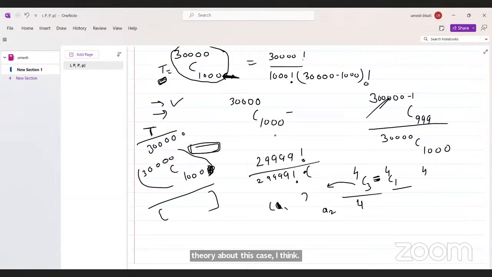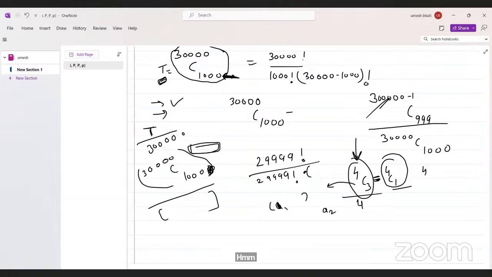This is simply that you are choosing one student. This means selecting one student means rejecting one student in this case, but this is totally different. Yeah, got it.